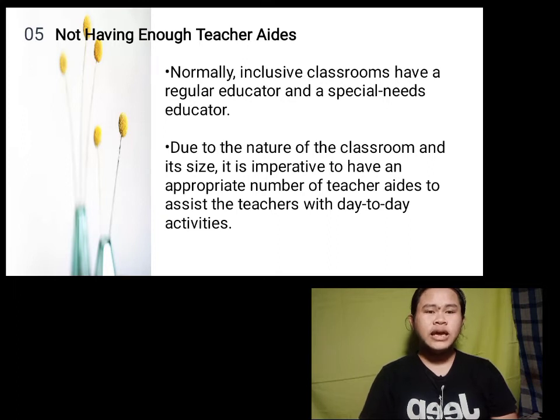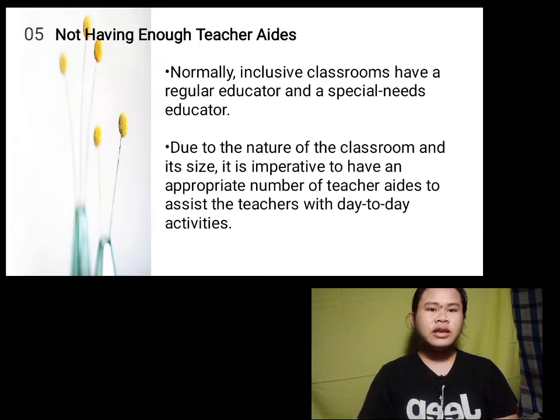In an inclusive classroom, it is very difficult if you don't have a teacher's aide. It is difficult to teach a lesson without a teacher aide because you can't handle all of them.